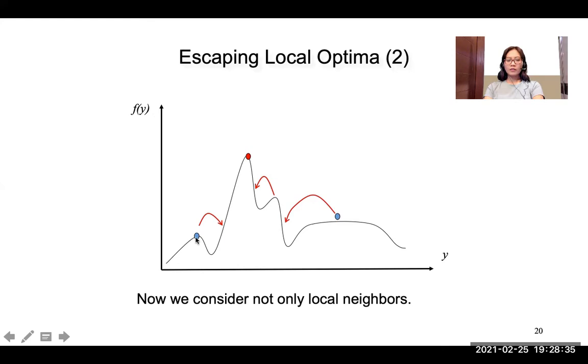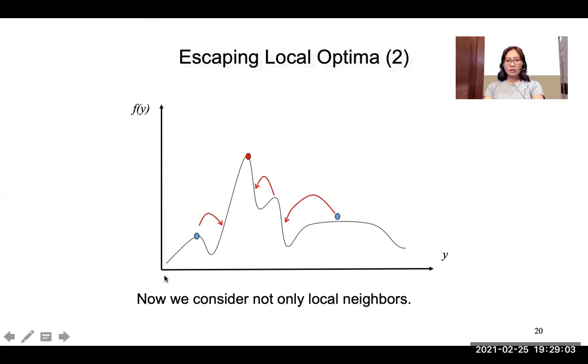Say this is my initial state, and I move to this one. I check, okay, this is better, so I accept it. Now my current state is here, and I pick my neighbor randomly again, and I get one which is worse than the current state.